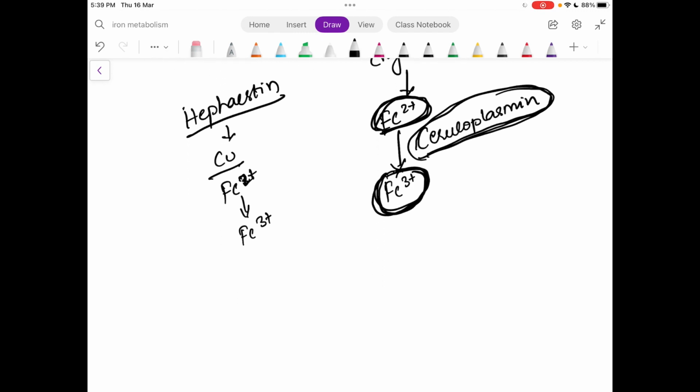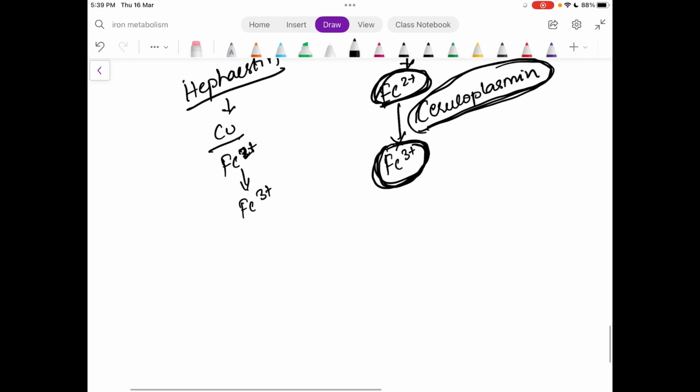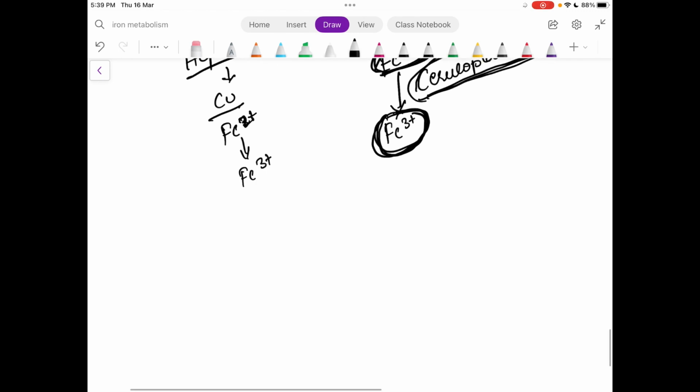This is about what happens whenever iron is released from the RBC, where RBC is digested by macrophages, and they will release Fe3+. And this Fe3+ is taken up by transferrin and it is transported to the tissues. So this is about iron absorption and transport system.